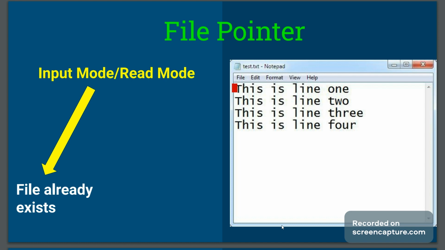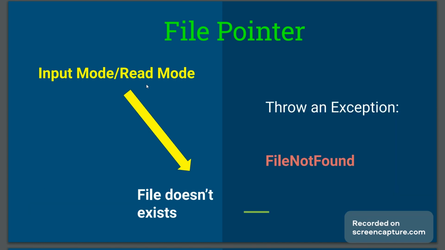What will happen is that the contents will be kept as they are and the file pointer will be at the first place, so that we can start reading from the zeroth position in the input mode or read mode. Now, the second possibility: if you are trying to open the test.txt file and that file does not exist and you want to read from that file, it will throw an exception that the file is not found.